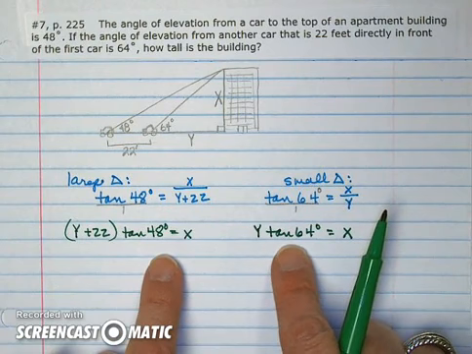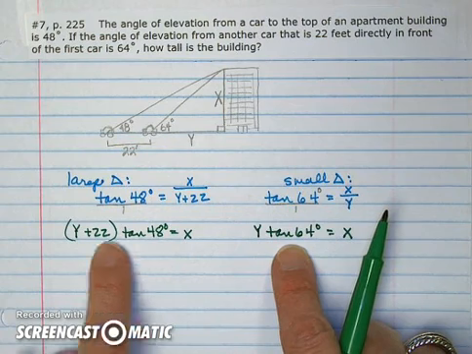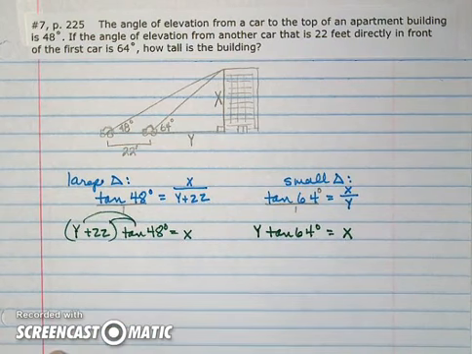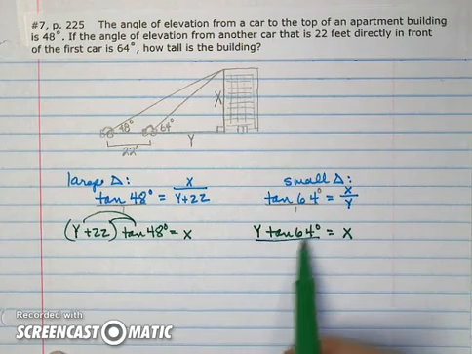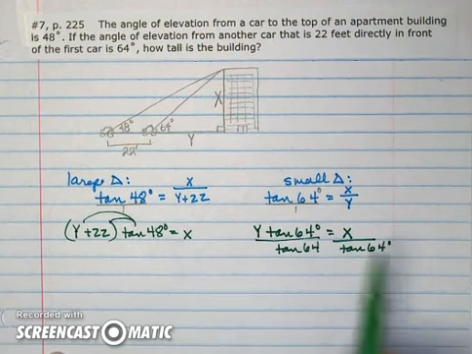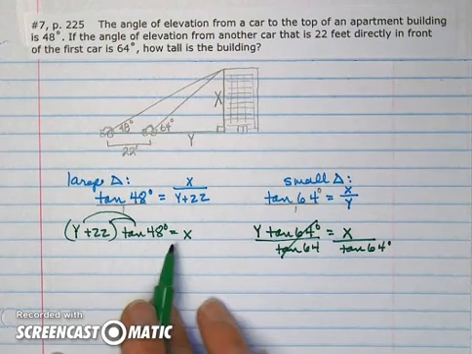But it will save us a step if we can manipulate these and just have y equals, okay? So if I were to distribute this, here I could just divide both sides by tangent of 64. So that side is done, right? Those would cancel. Here I need to distribute a little bit.